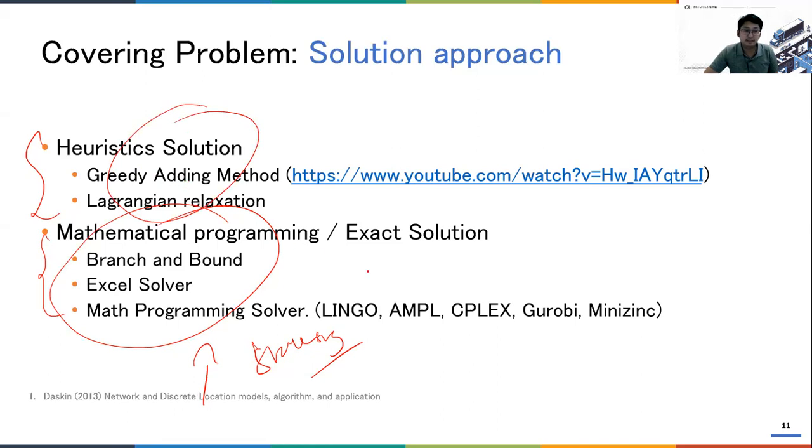So if it is a strategic decision, try as much as possible to have an optimal solution based on your models. Okay.